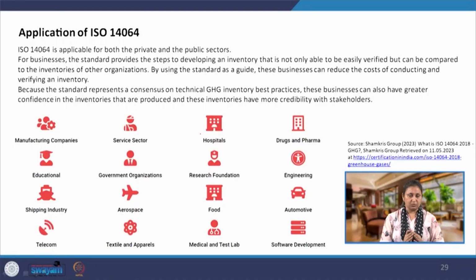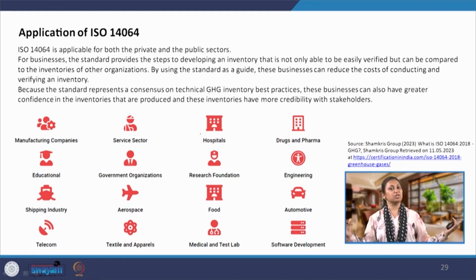ISO 14064 can be applied to a variety of organizations, from hospitals to engineering companies, to software development companies, to textile and apparel, to the shipping industry, a very wide range of industries. Almost everything comes under the purview of 14064. So, this is not exclusive.